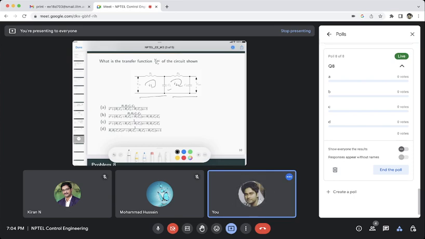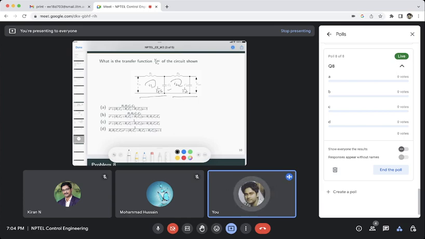In the Laplace domain, this will be R, and this capacitance impedance will be C1S, and this will be 1 by C2S, because this is the integral of the current, right? 1 by C1 times the integral of the current flowing through it.